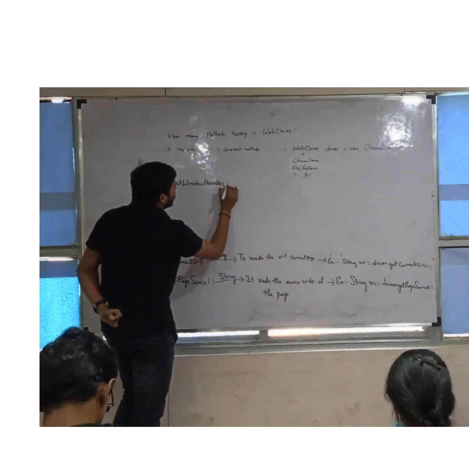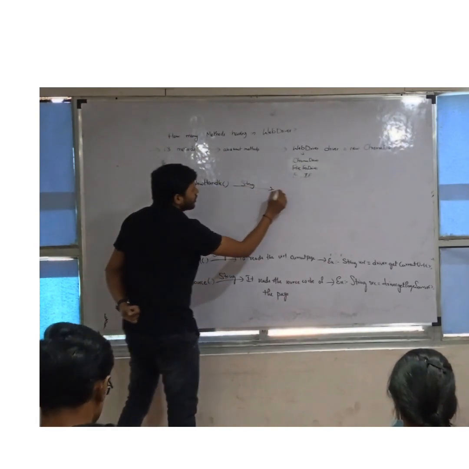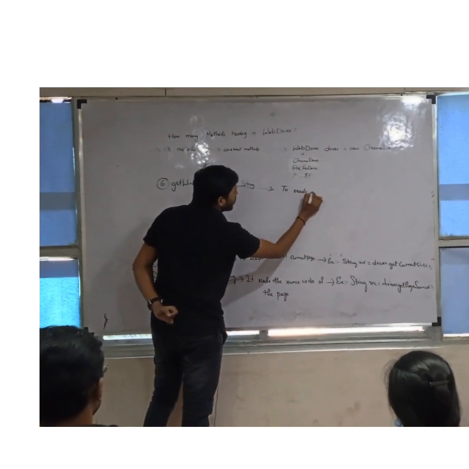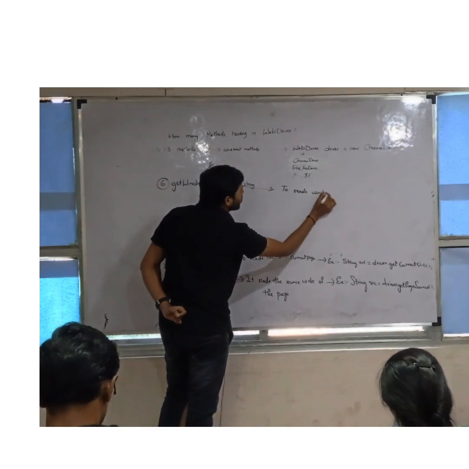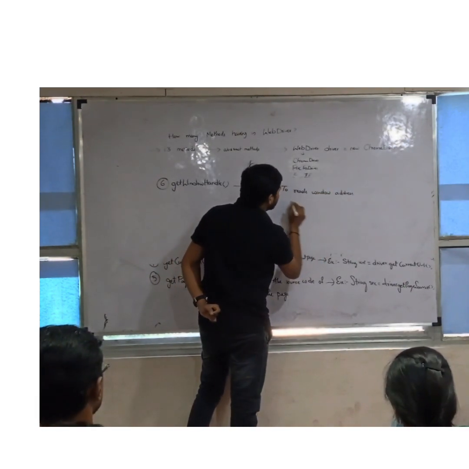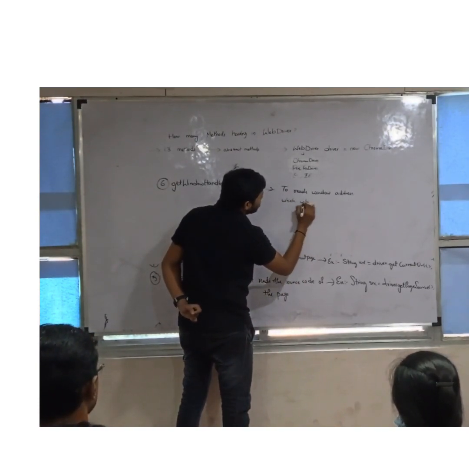What does the get window handle method mean? It is also string type, used to read the window address, nothing but which window it is handling.